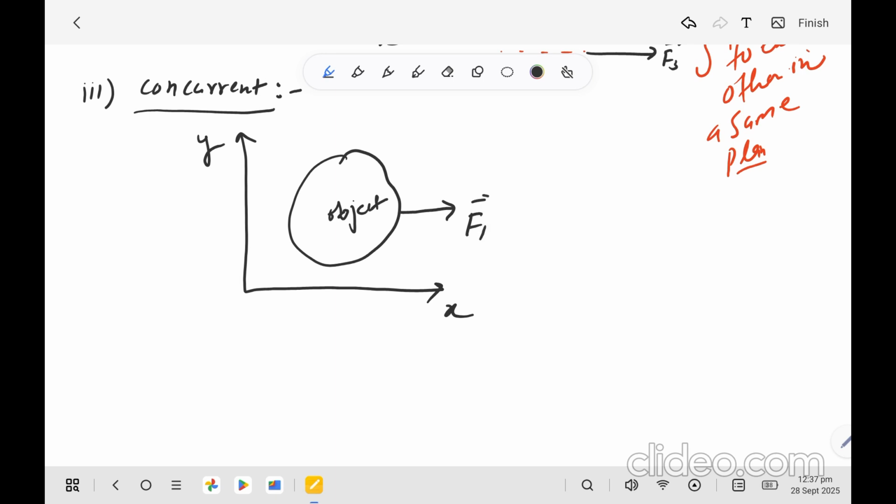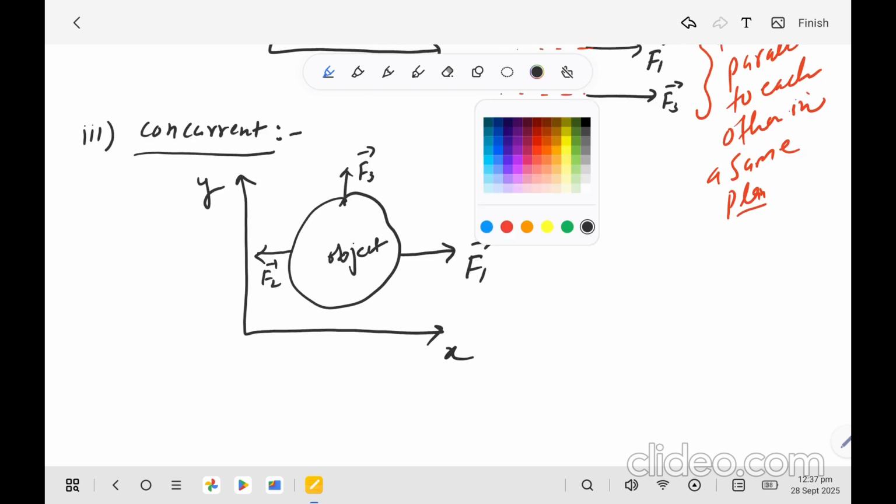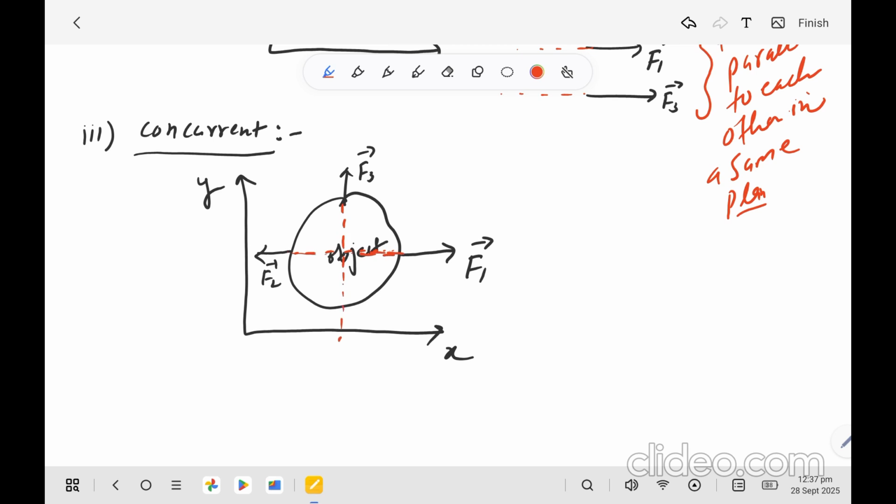So let's say F1 is acting here, F2 is acting here, F3 is acting here. And now if I extend the line of action of all these forces, the line of action of this one here, the line of action of this force is here also, the line of action of this force is here.